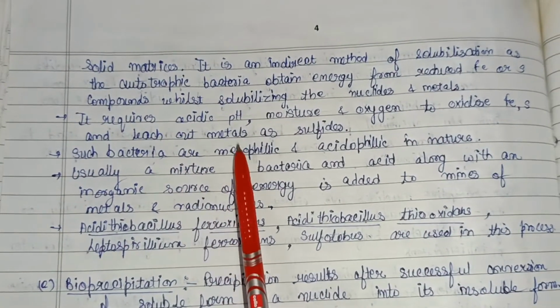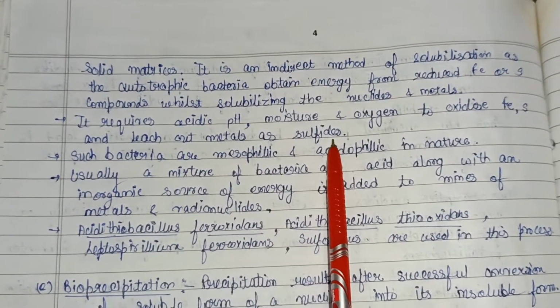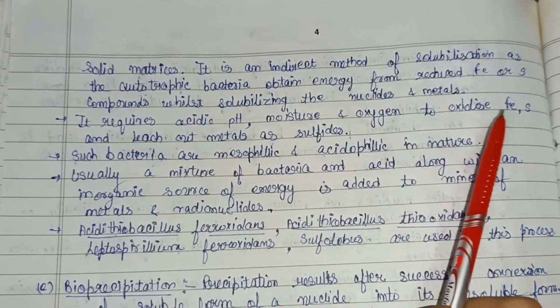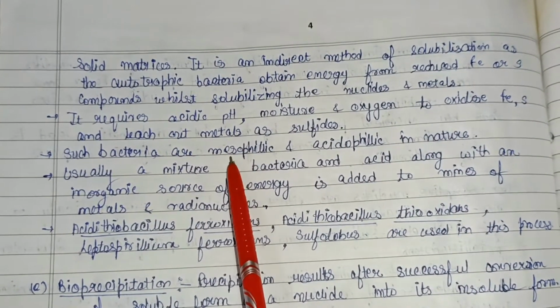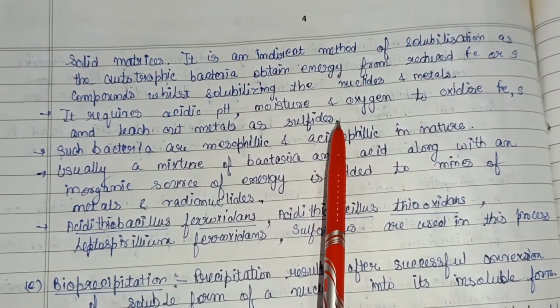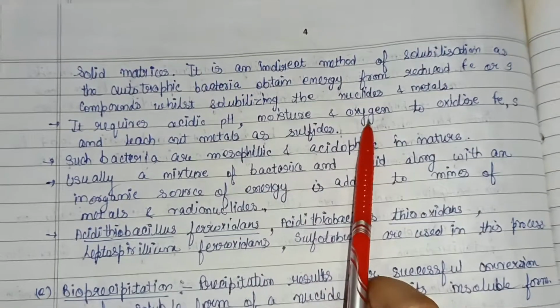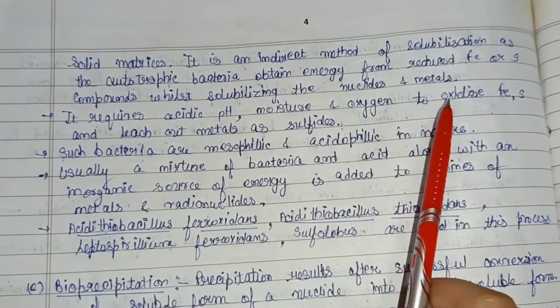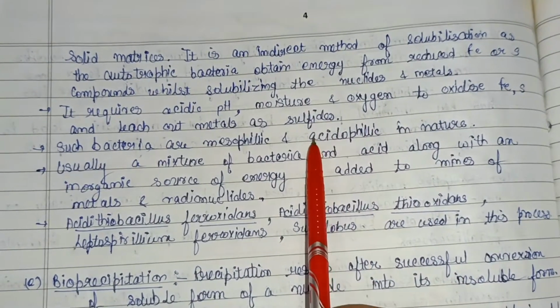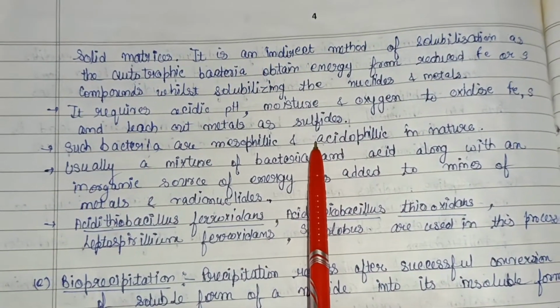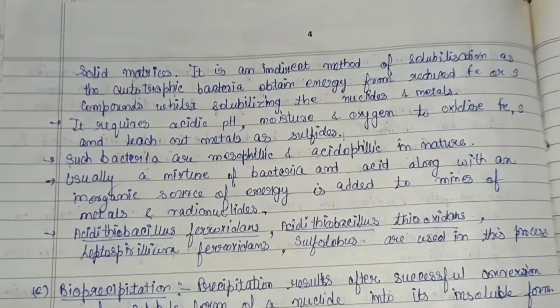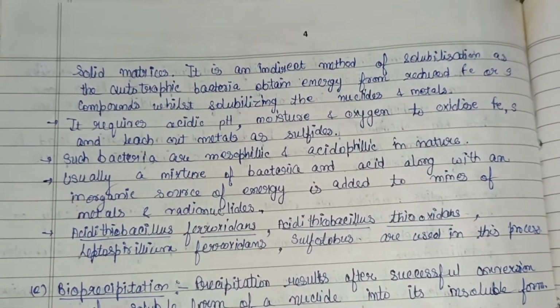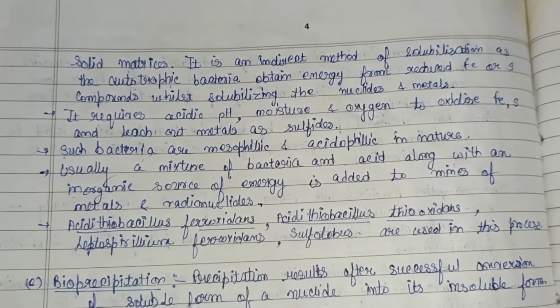It requires acidic pH, moisture and oxygen to oxidize Fe(II) and sulfur, and release the metals as sulfides. That is, the heavy metals will finally be converted into sulfides. Such bacteria are mesophilic and acidophilic in nature.